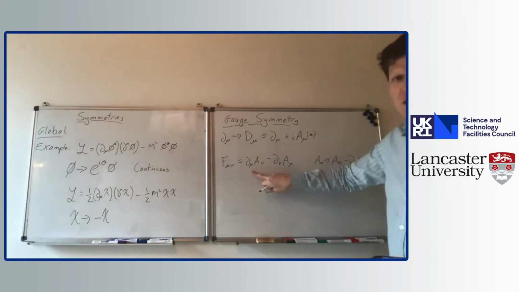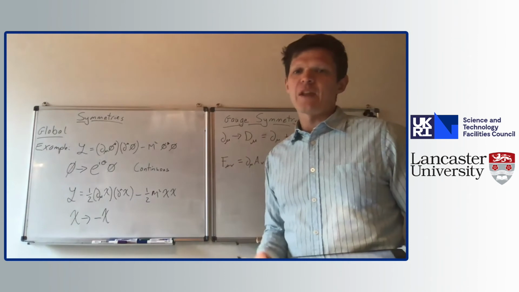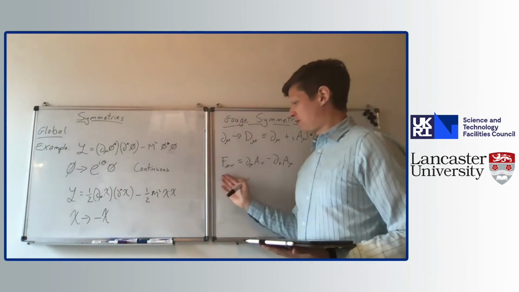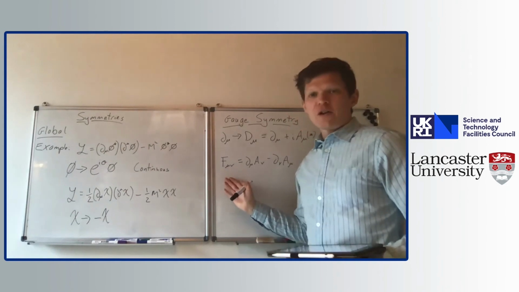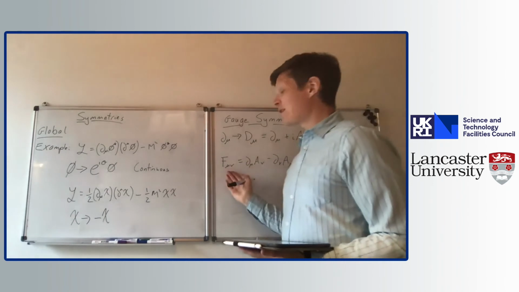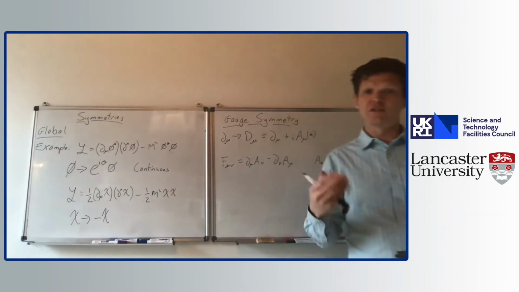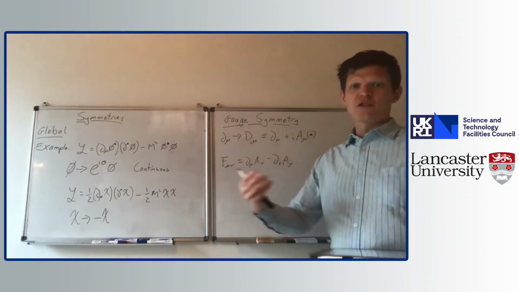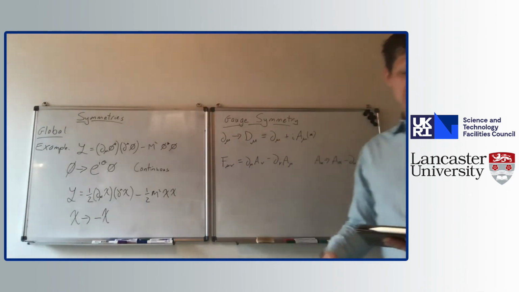So this guy here is actually invariant under this transformation, which is great. So now we can build up terms in the theory out of this building block, which is gauge invariant. If we're using something that doesn't change under the transformation, then we know that if we build a Lagrangian out of those objects, you will also get something that doesn't change.